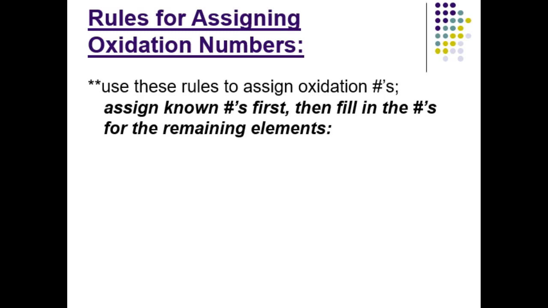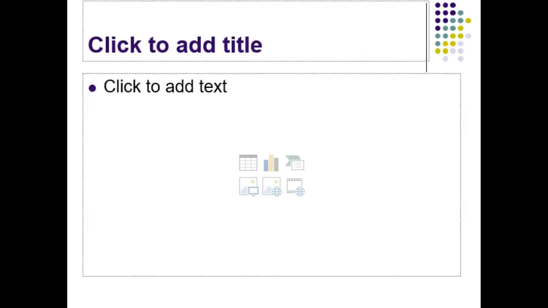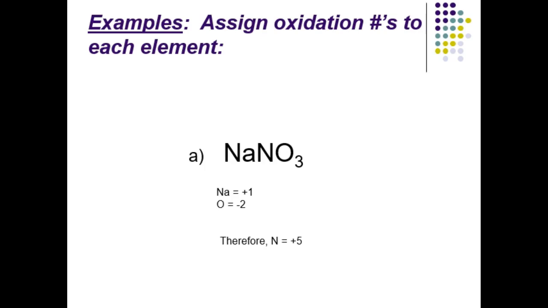So what does this mean to us? We're not going to use this too often, but in NaNO3, we know sodium is a +1, and we know oxygen is a -2. So therefore, we have to have a +5 to balance it out. How does this work? Well, this has a +1.